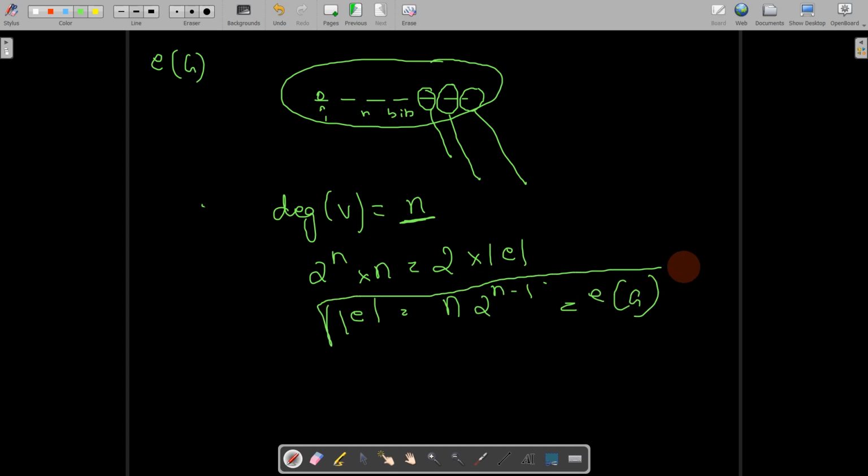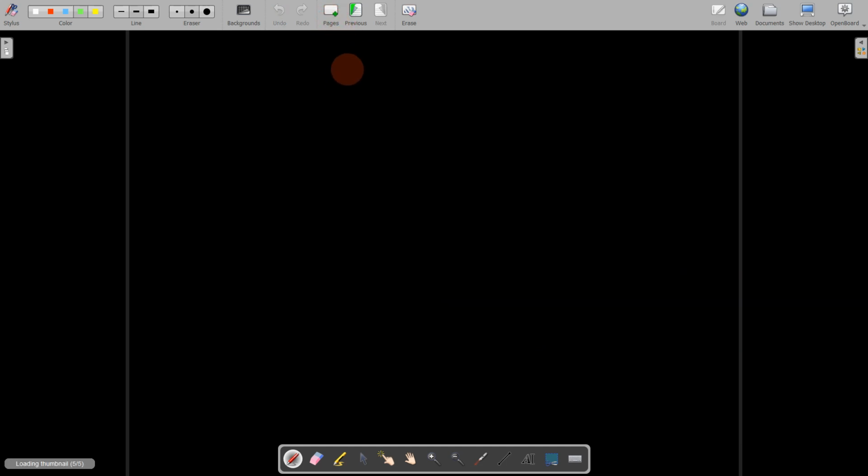Okay. Now I will tell you a little bit about a graph's complement. What is a graph's complement? Suppose let us take an example of a graph with three nodes. The edges of the complete graph that are not present in the original graph are known as the graph complement. Suppose in the original graph only this edge is there.